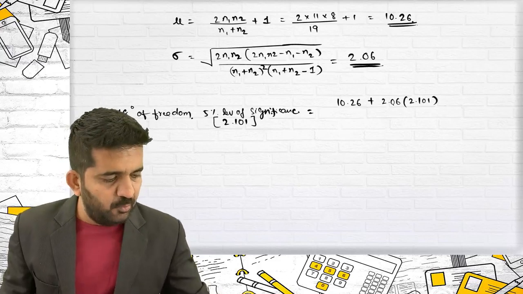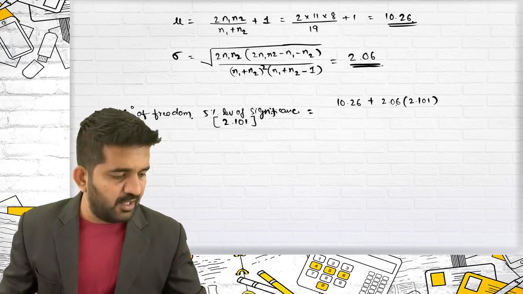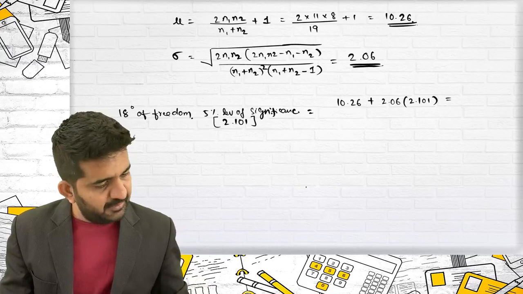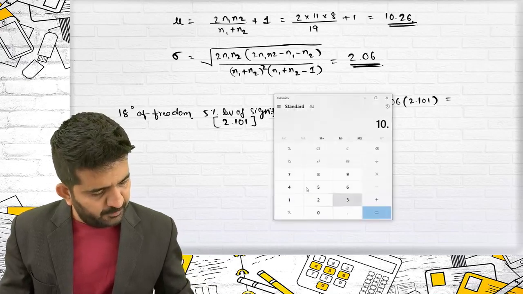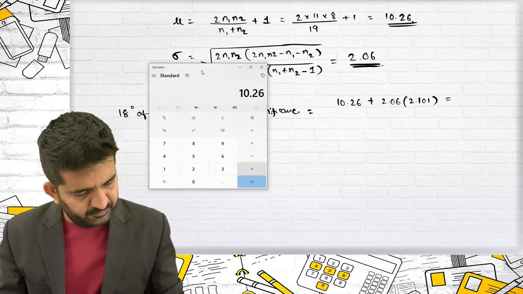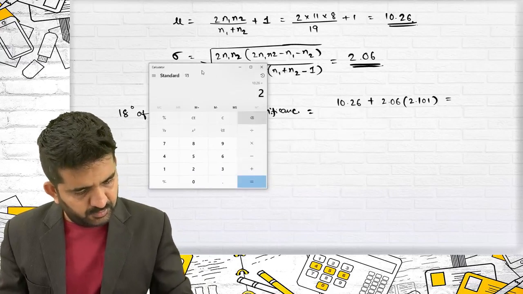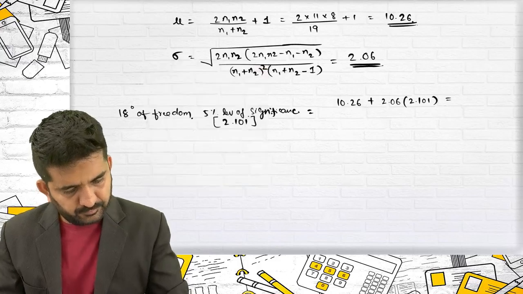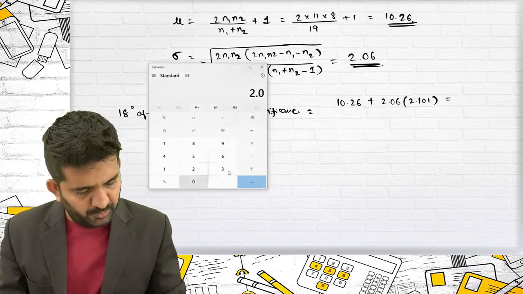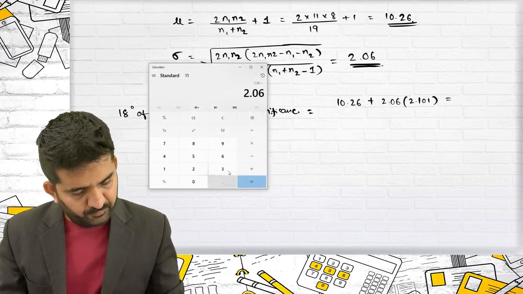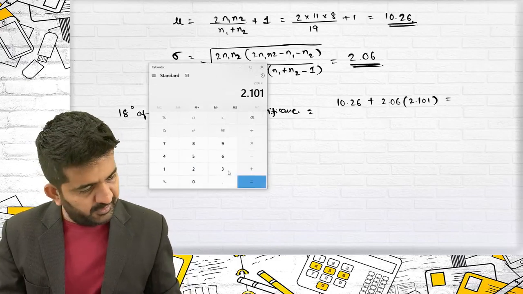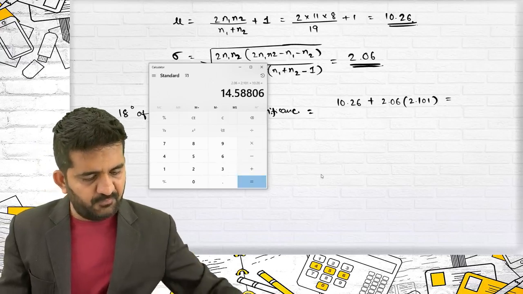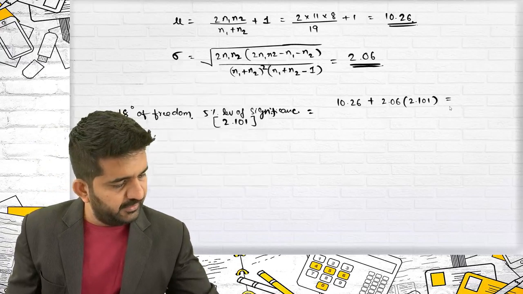Is it alright? This many standard deviations you are far from the mean. This answer will be 10.26 plus 2.06 into 2.101, which is 14.588.